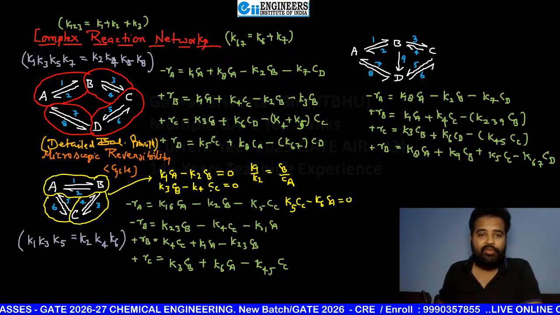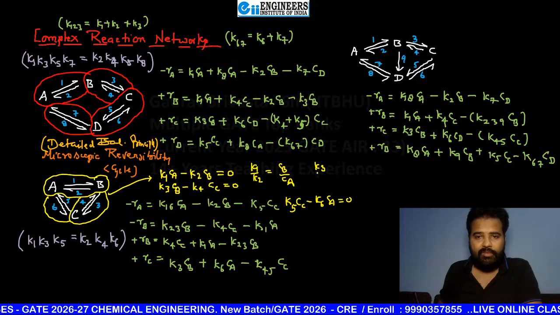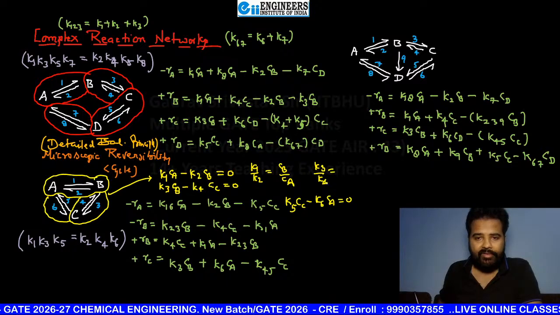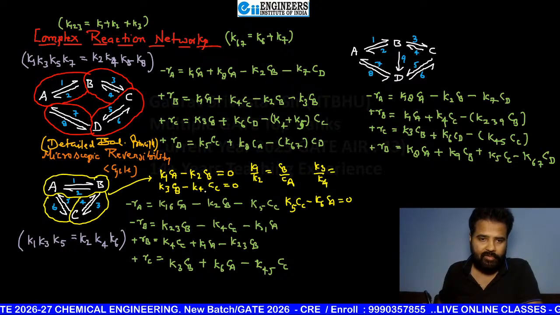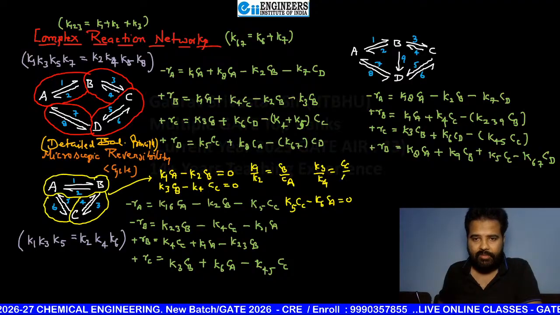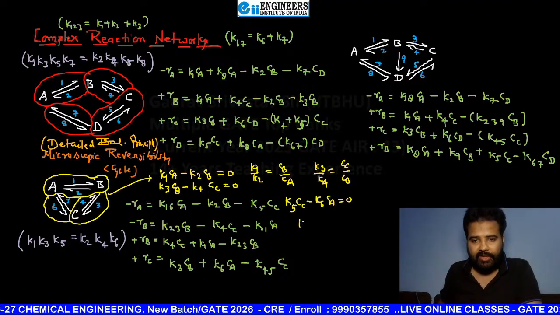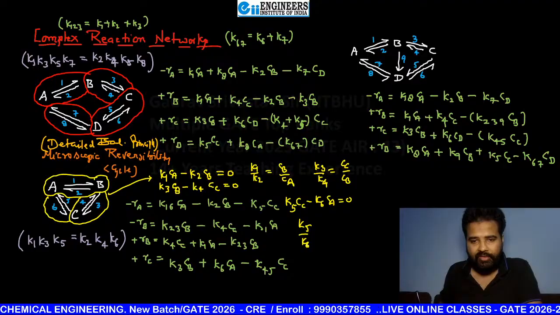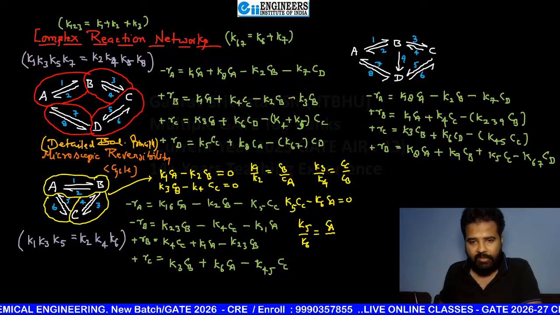So the second equation will give you K3 by K4 as CC by CB, and this will give you K5 by K6 as CA by CC.